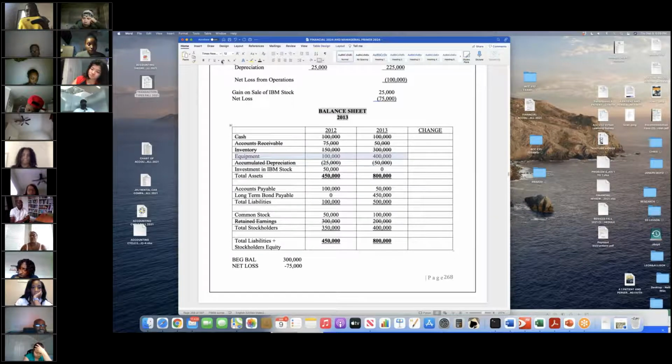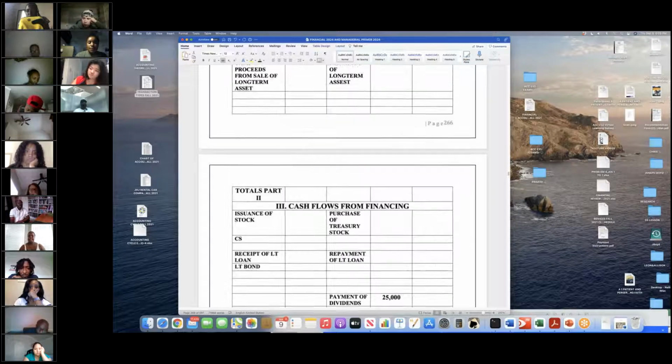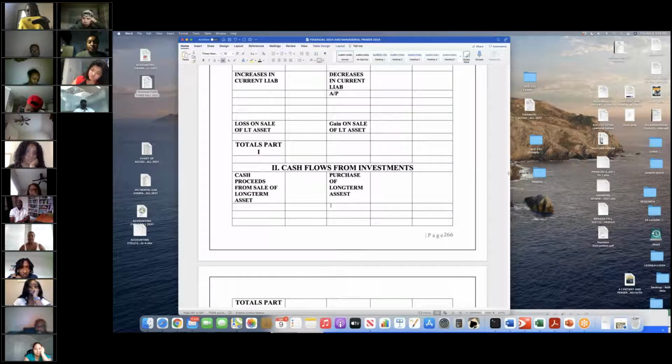So we're going to strike the equipment. It went up by 300,000. And we're going to come now to the template: purchase of long-term asset, equipment, 300,000, use. Any questions? When you buy the asset, cash goes down. When you sell it, it goes up.